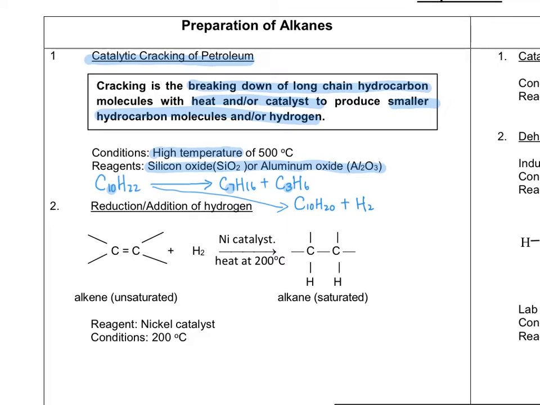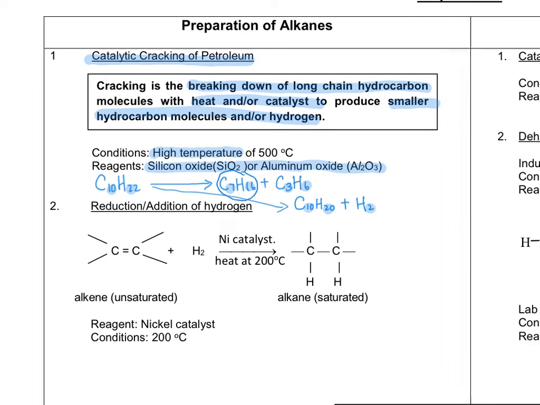And if there are 22 hydrogen altogether, the total number of hydrogen after that must be the same. Your elements cannot be destroyed or disappear. So in the second reaction, the number of carbon is the same and the number of hydrogen is the same.